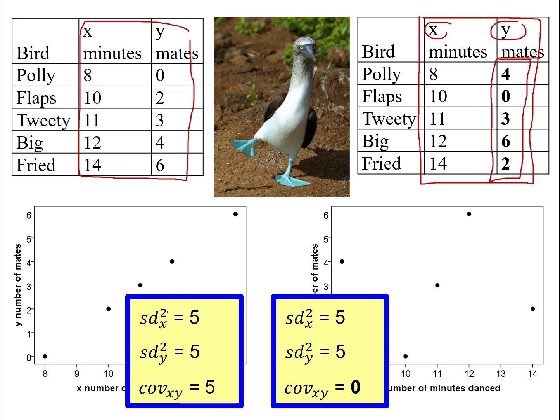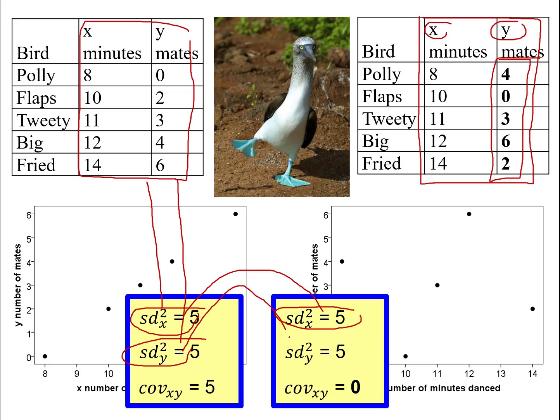So if the variance of X in our first example was 5, we know the variance in our second example has to be 5 because it's the same set of numbers. If the variance for Y was equal to 5 in our first example, then we know the variance of Y has to be 5 in our second example because although the numbers are rearranged, it's still the same set of numbers, so it would produce the same variance.